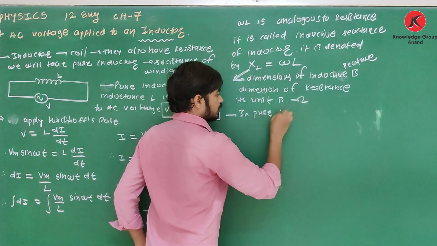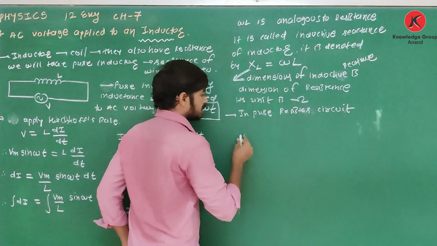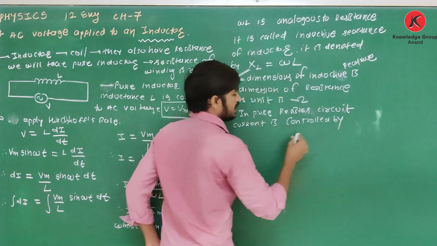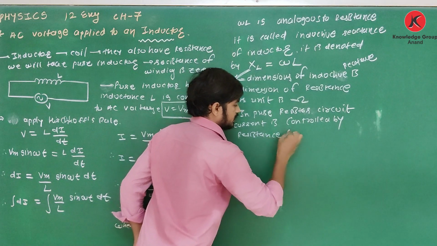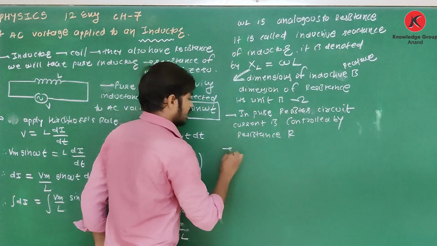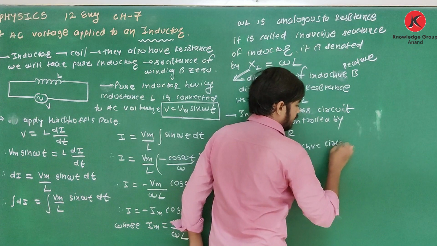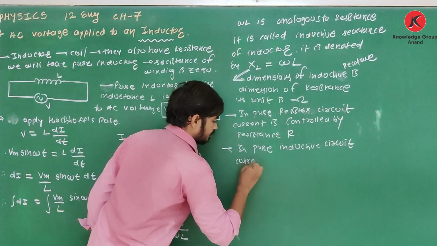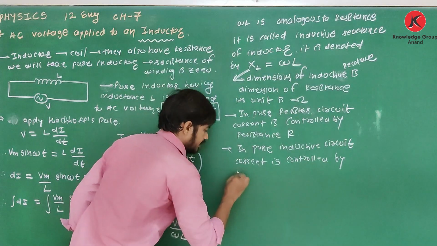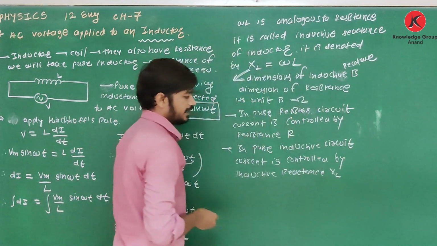In pure resistor circuit, current is controlled by resistance R. In pure inductive circuit, current is controlled by inductive reactance XL.